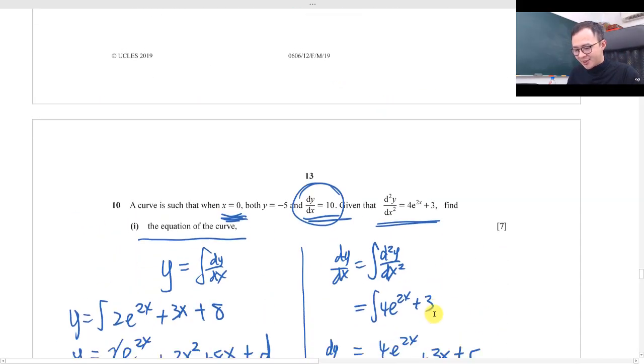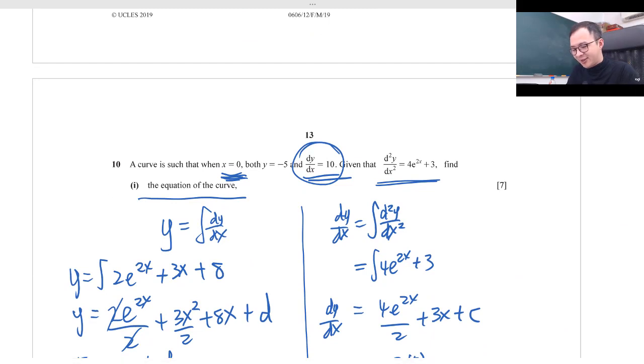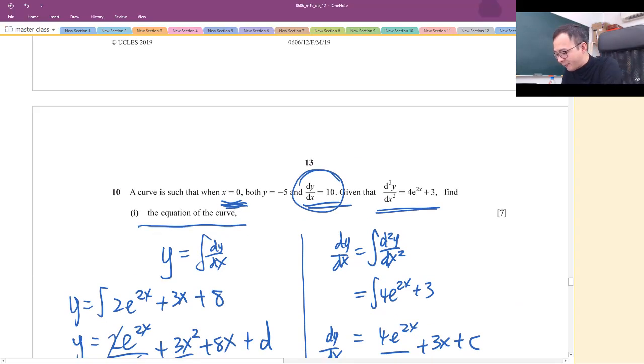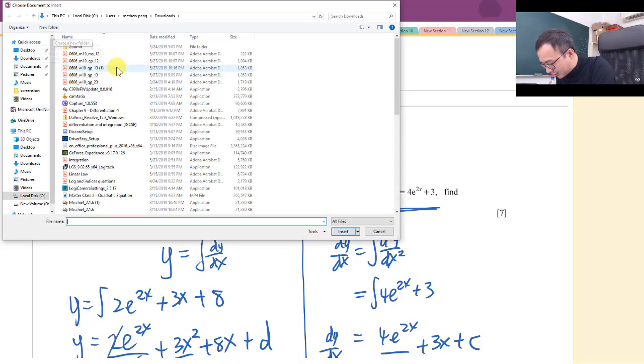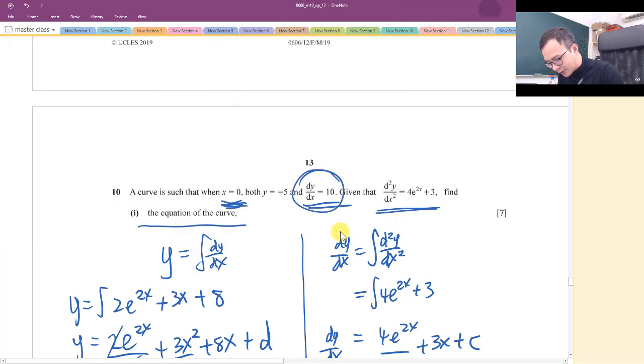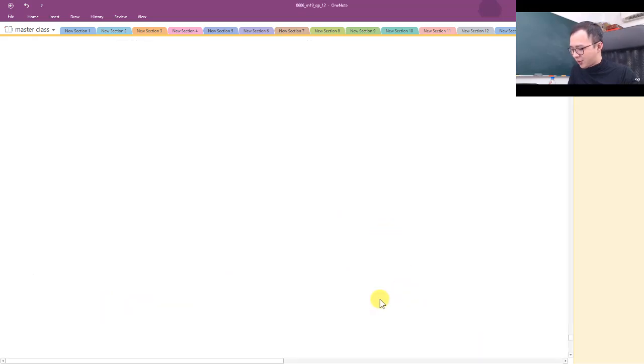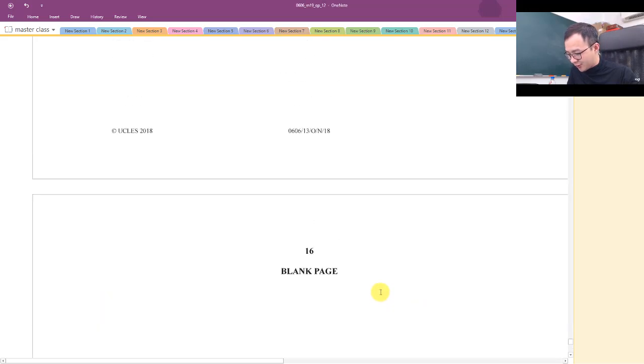But let me see, can I actually open one more paper? Maybe we can do one more relative velocity question. I am not sure.